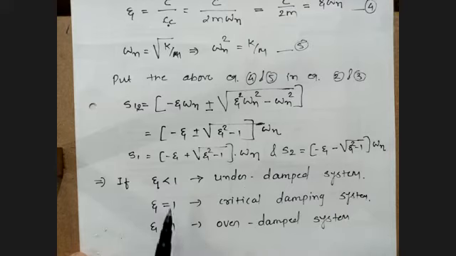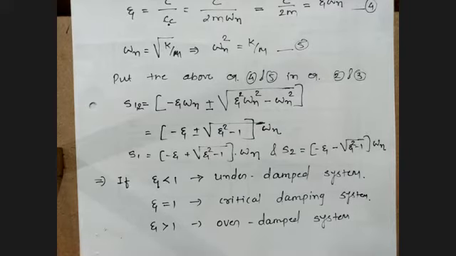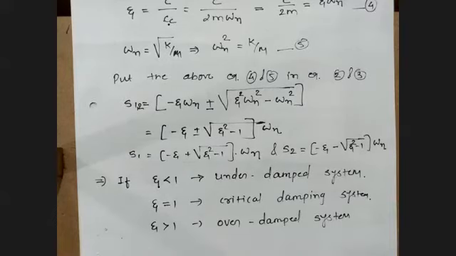So these are the three different cases that we are going to study here. Okay, let's start with the first one, the overdamped system. Clear? First write these three things and then we switch over to the next part. So first we discuss if zeta is more than 1, that is the overdamped case.